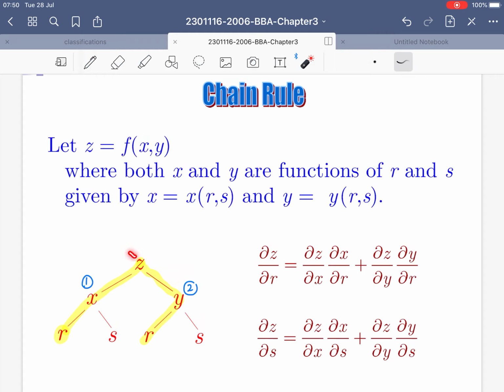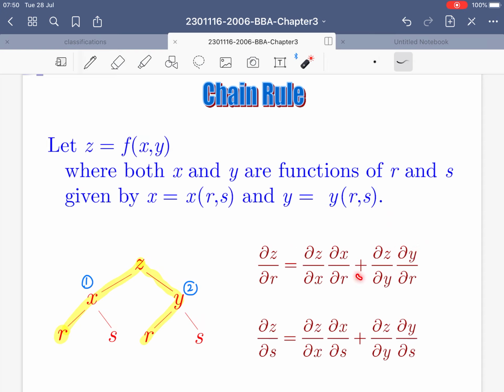You find dz by dx, followed by dx by dr. It seems that your dx and dx cancel, so you get dz by dr as the result on your left hand side that you need. And if you go through the y first, followed by dy by dr, you also get the one that you need.